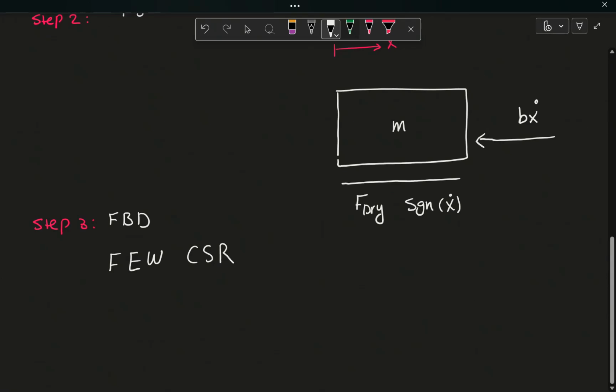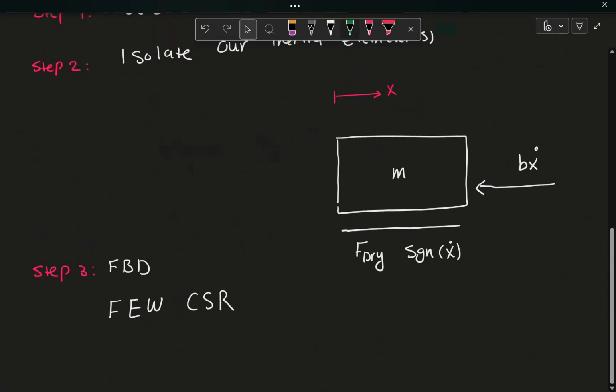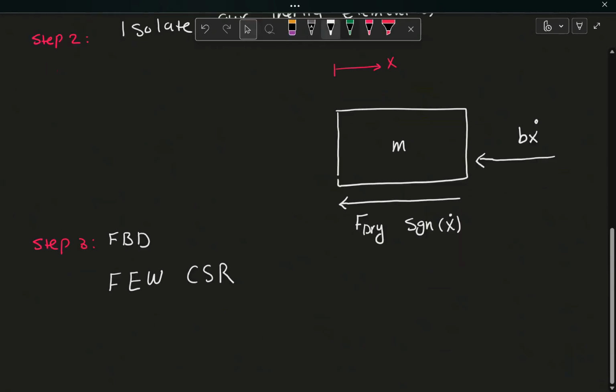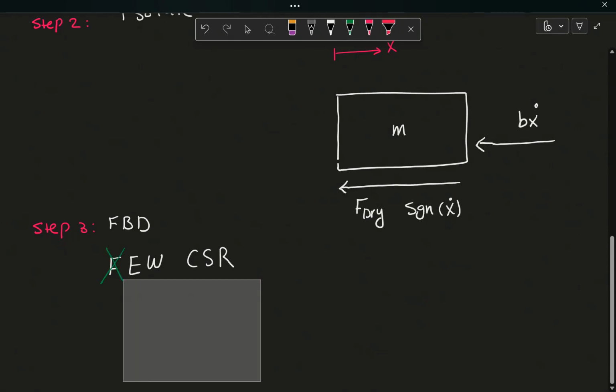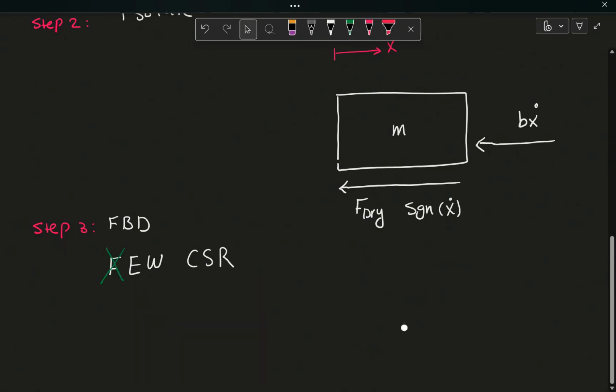And for showing it in the free body diagram, I would look at the direction of motion, or assumed direction of motion. Yes, if I assume that the box goes to the right, this is going to go to the left. Good. So I'm done with this guy, yes?